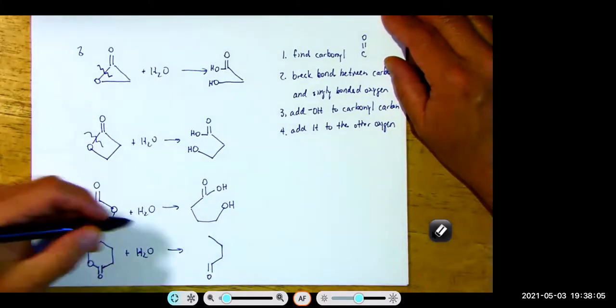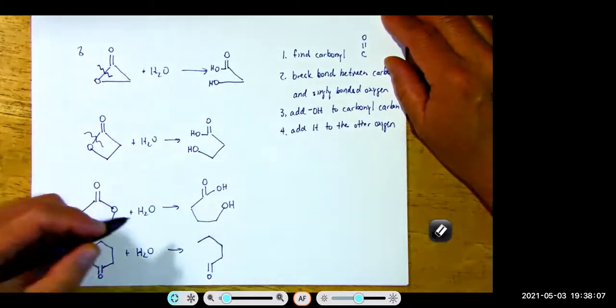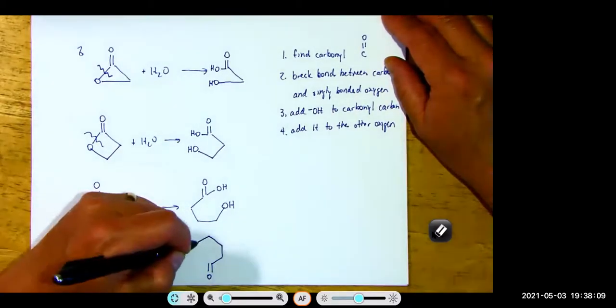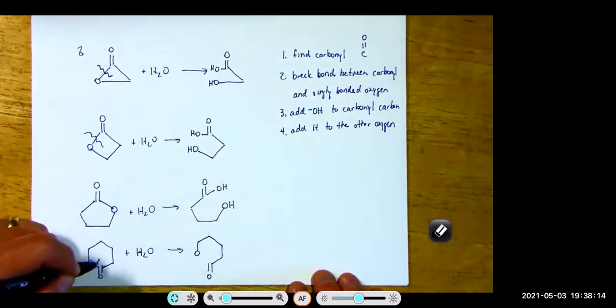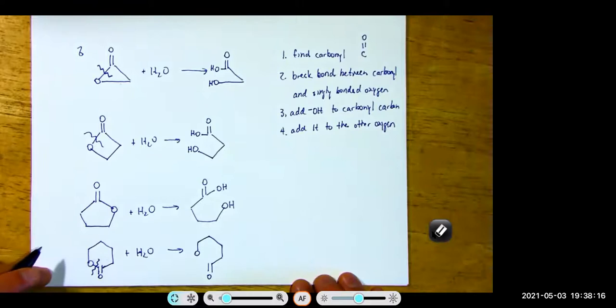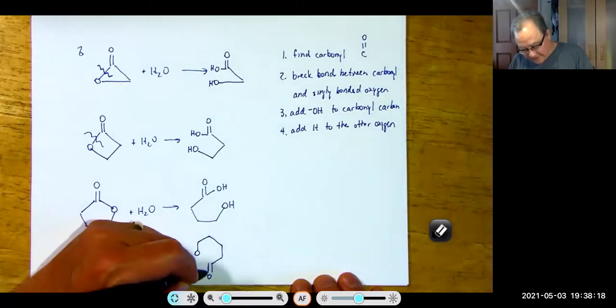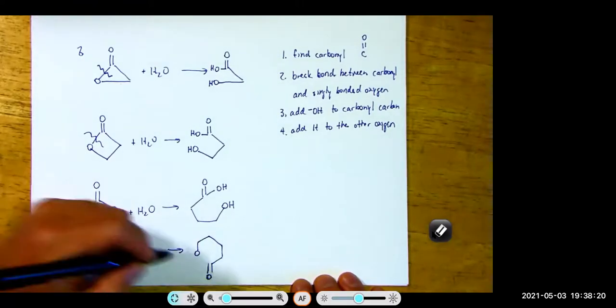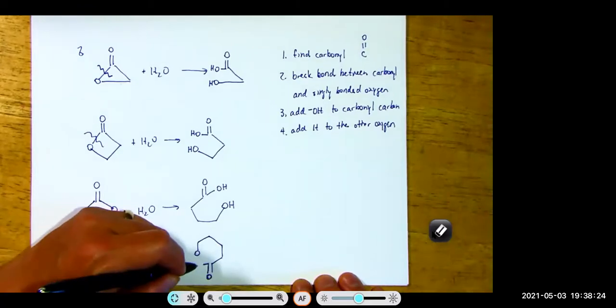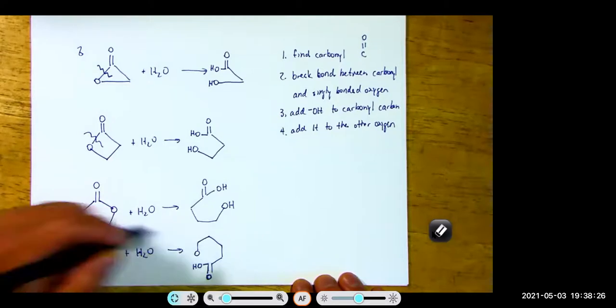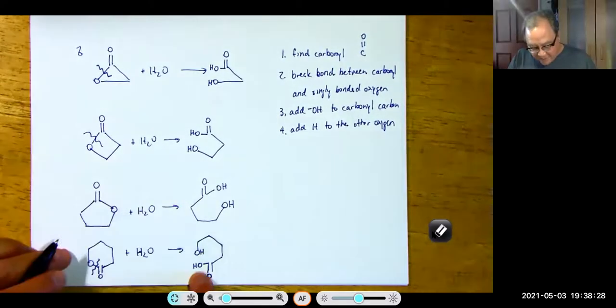I'm gonna flip it right side up. Why not just do that? Some reason I'm missing something. Oh, well, then I'm not missing something. Okay, so what do you add to the carbonyl? You add an H at the end of the O and an OH. Now, does it matter if I put the H on the left or the right?